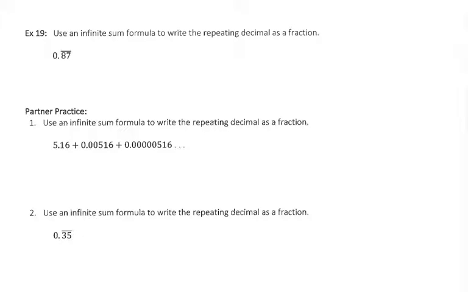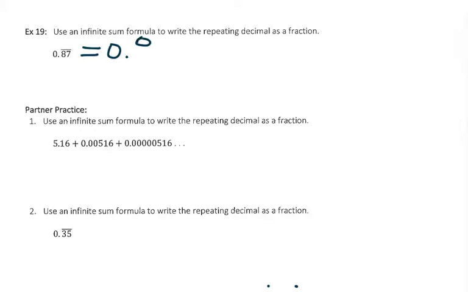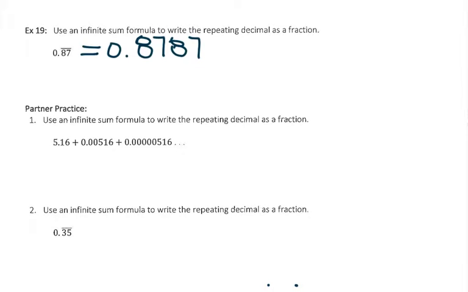Example 19 is similar. This time, though, instead of repeating a single number, it's a pair of numbers. So this looks like 8, 7, 8, 7, 8, 7.